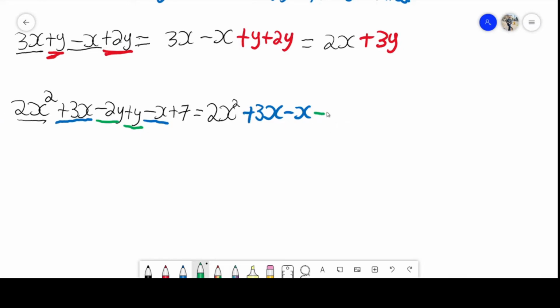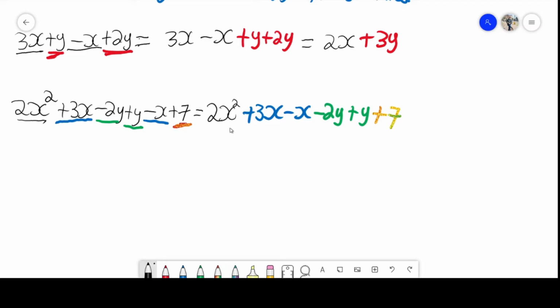So minus 2y, positive y, and then finally, whatever colour this is going to turn out to be, I have an ordinary old number. Well, that's a really cool colour, actually. Plus 7. Whoa. That's intense.